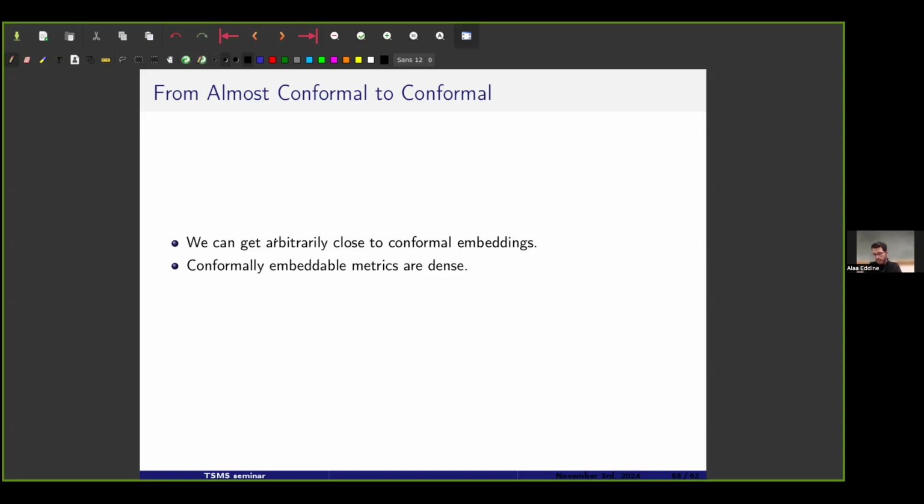Because we can get as close as we want to any metric. Okay, so this means that we can get conformally close. So now what we need to seal the deal is a topological argument. So we need Brouwer's fixed point theorem to complete the proof. Okay, so what does this have to do with everything?